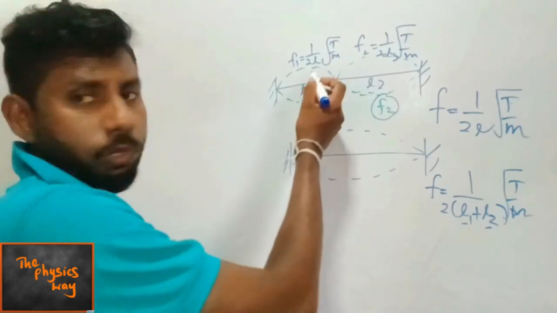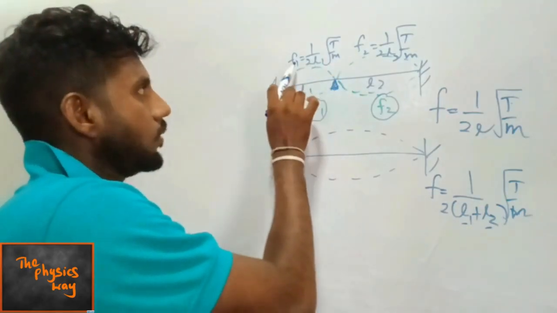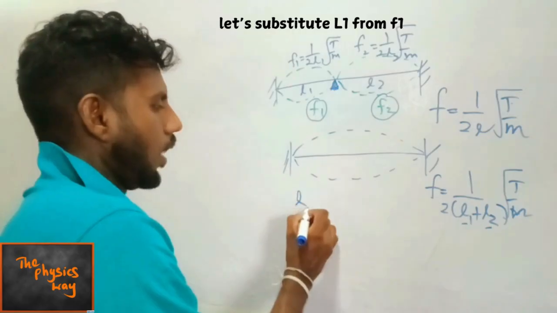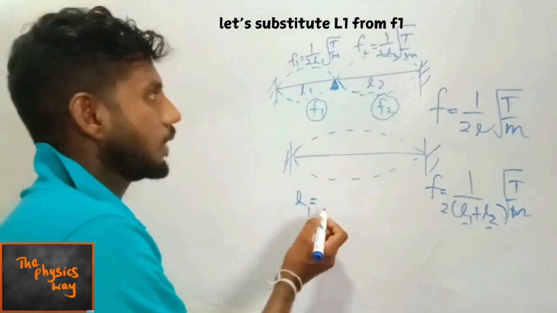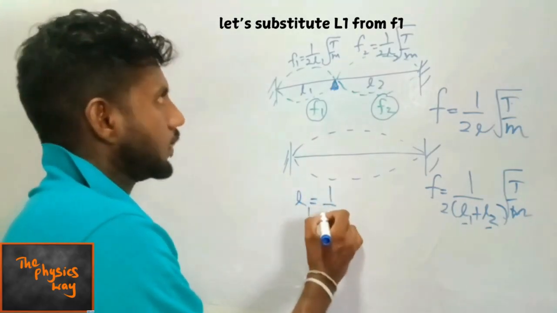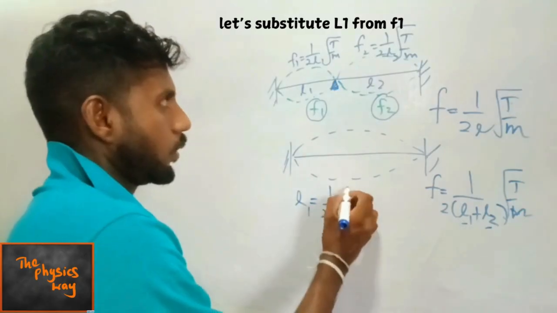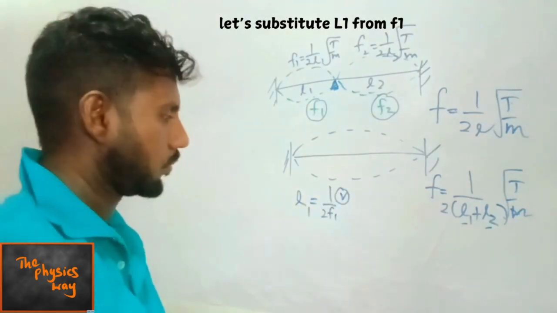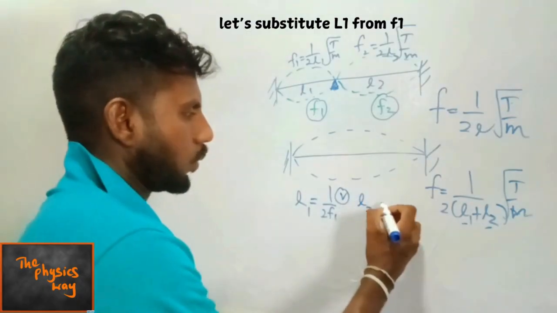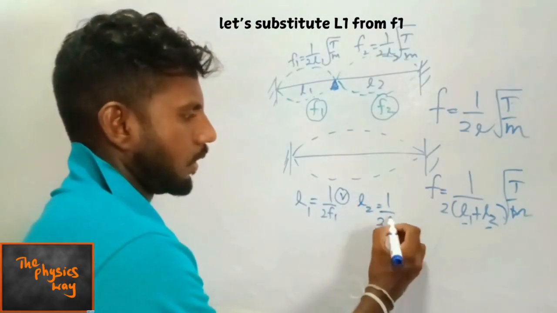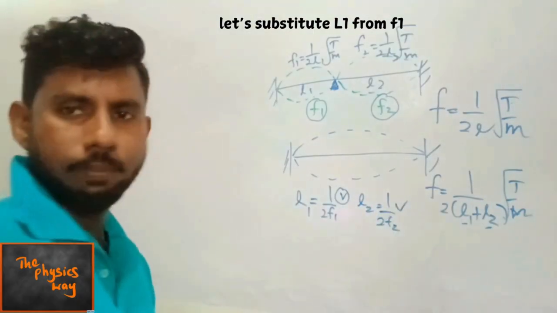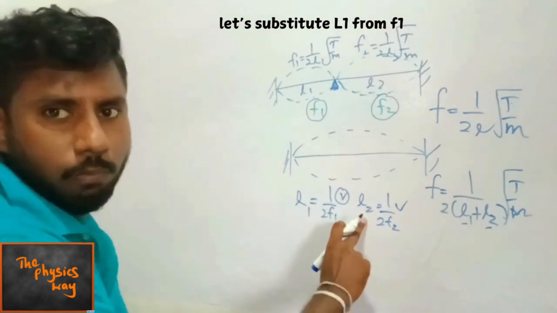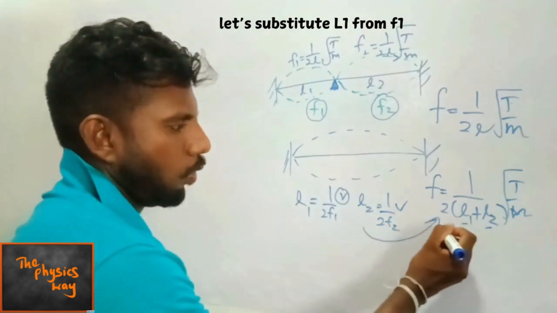Here I'm going to make L1 the subject by using F1. So I can write L1 equals 1 over 2F1 root T over M. I'll write it as V, the velocity of the transverse wave. And of course L2 equals, in the same manner, V over 2F2. So now I have L1 and L2, and I'm going to substitute them over here.